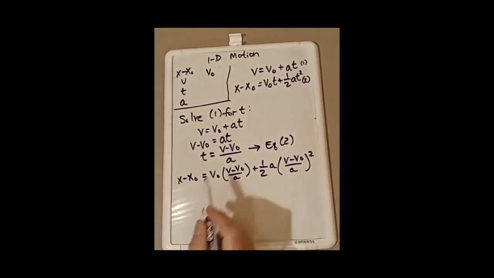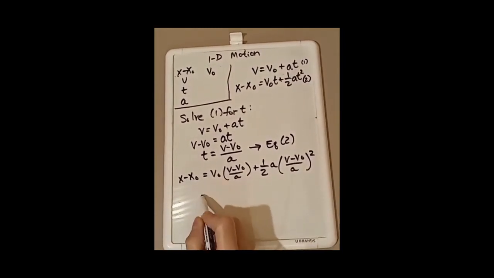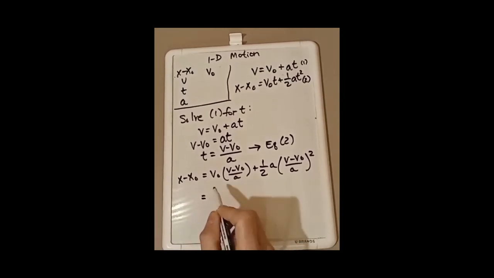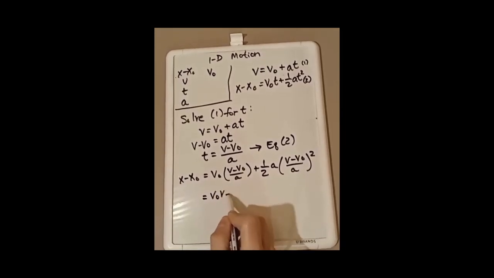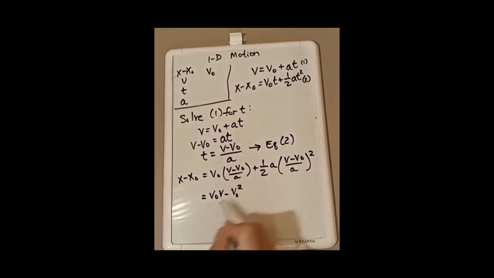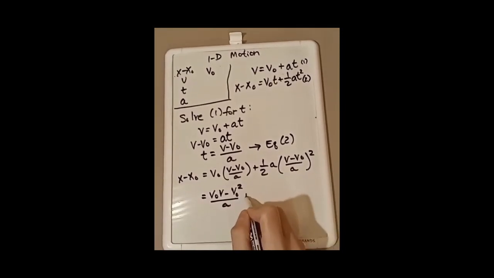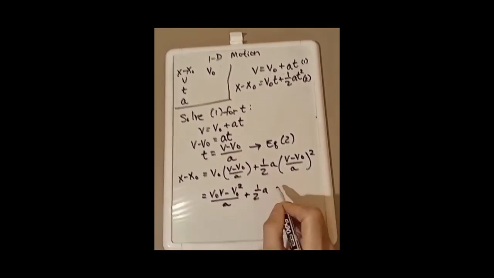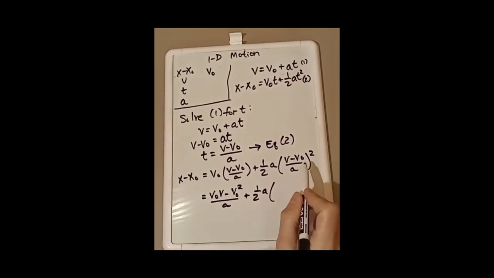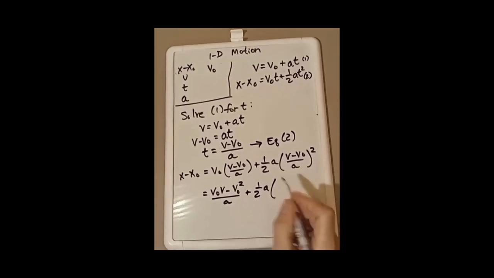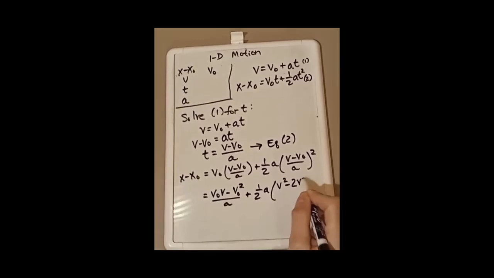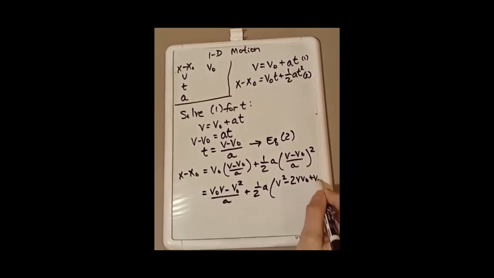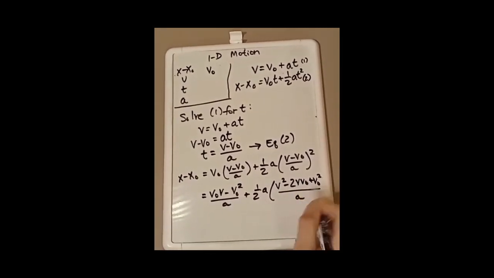So we're just going to solve this equation for x minus x naught. So we're going to have v naught times v minus v naught over a, plus 1/2 a times the quantity squared, v minus v naught divided by a quantity squared, which gives us v squared minus 2 v v naught plus v naught squared divided by a squared.